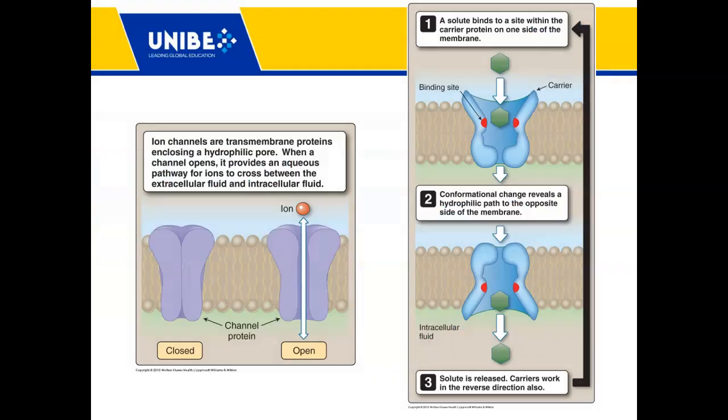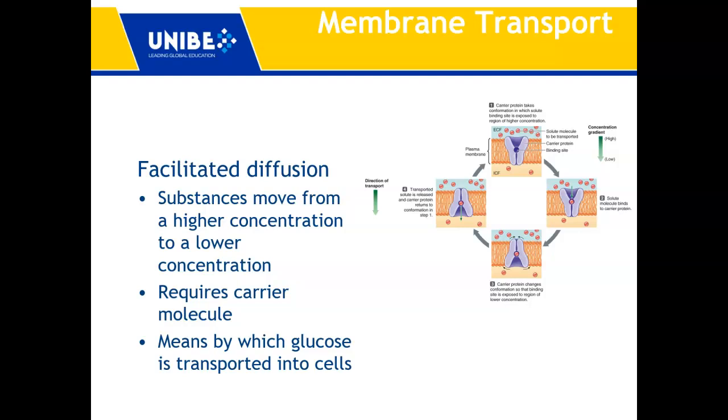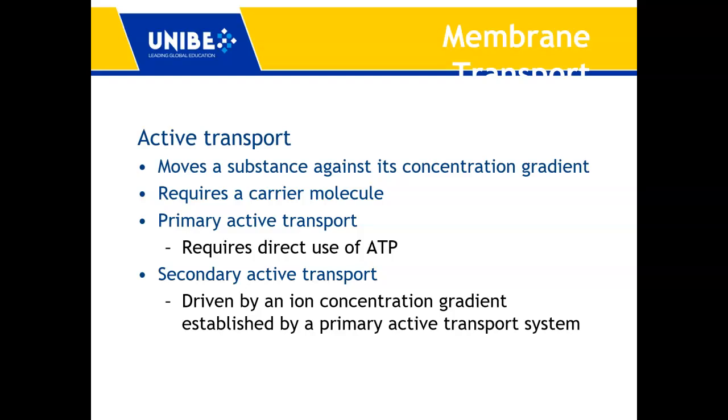As you can see here, it can be an ion channel or a transport carrier, but the molecule moving from higher to lower concentration is so large or too hydrosoluble that it needs a carrier or a transporter to take it into or out of the cell. So in facilitated diffusion, I move the substance from higher to lower concentration. I'm not spending energy in the form of ATP, but I do require a carrier molecule.